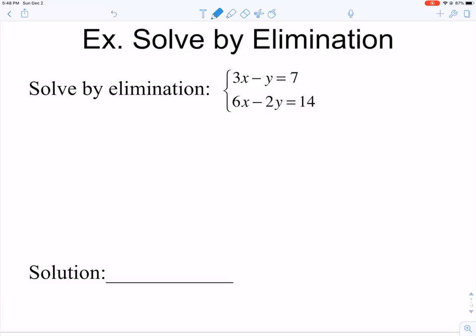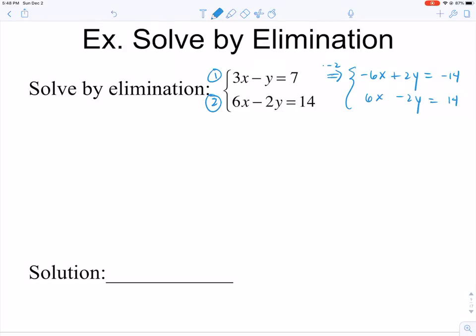Okay, so for this system, we have equation 1, equation 2. I'm going to multiply the first equation by negative 2. My goal right now is making the y's opposites of each other, the y coefficients. So I would have negative 6x plus 2y equals negative 14.